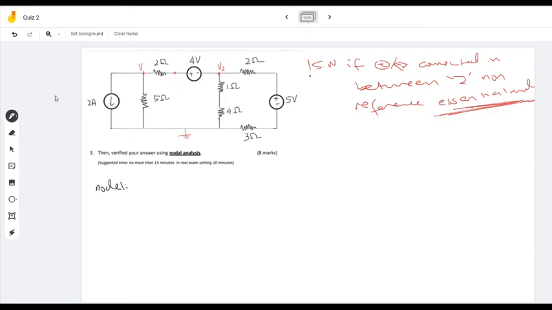Now let's do node 1. This one is another mistake. Remember, we do current branching out. A lot of you had the current going that way, and so you wrote -2. But in this case, I deliberately put the current going out. Again, I'm checking your understanding. So that is actually current branching out.